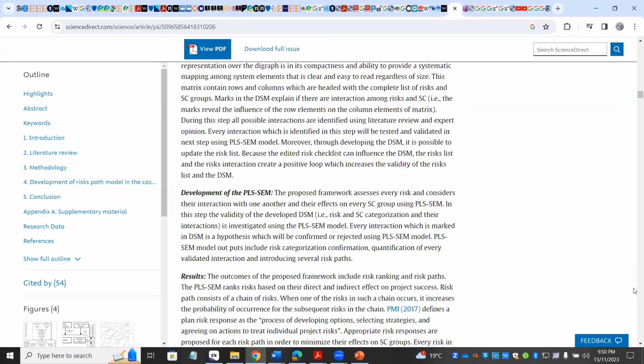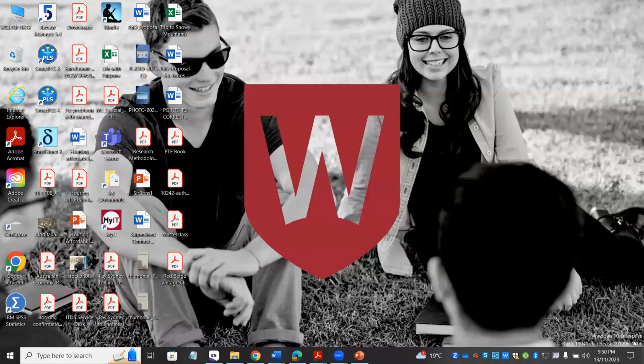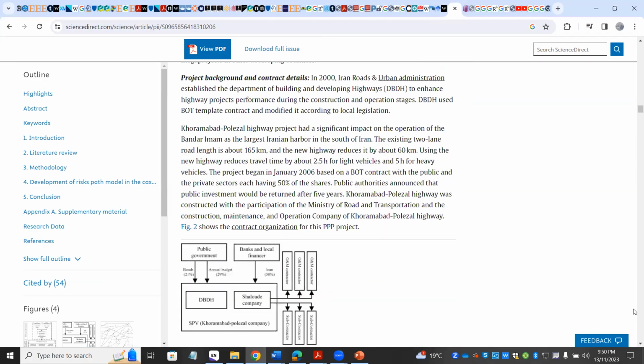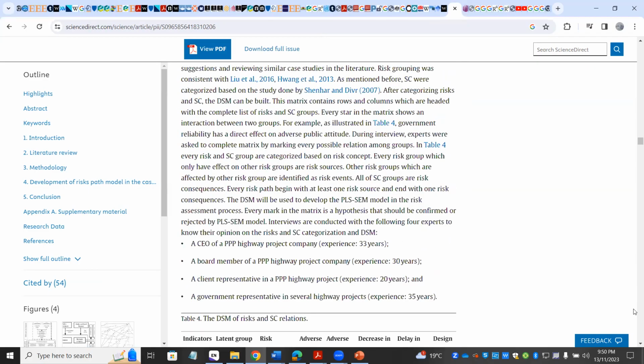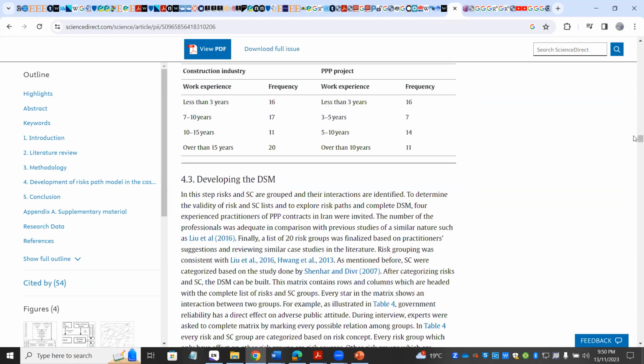Since we were on PLS-SEM, it seems most of them didn't really present the hypothesis. Because in most cases, the hypothesis is presented.